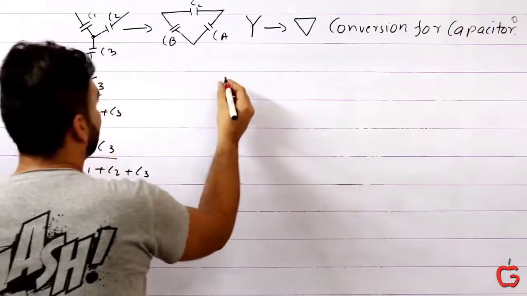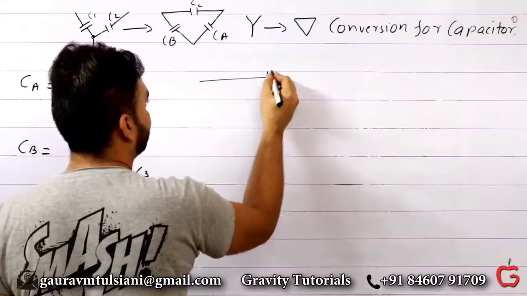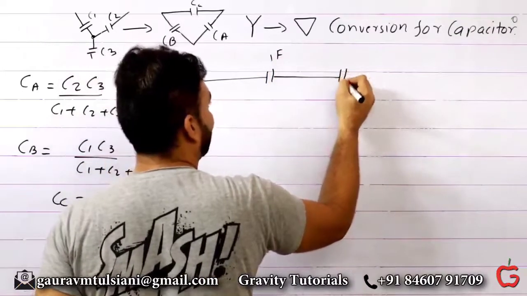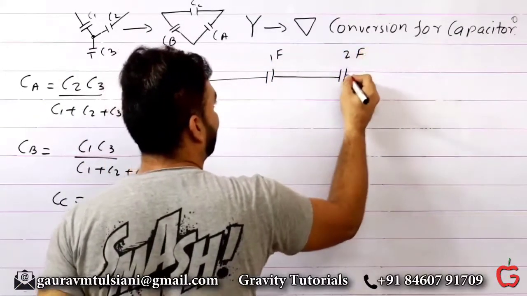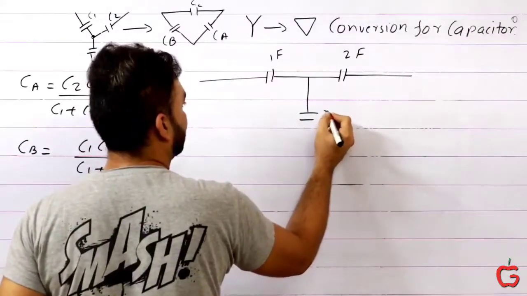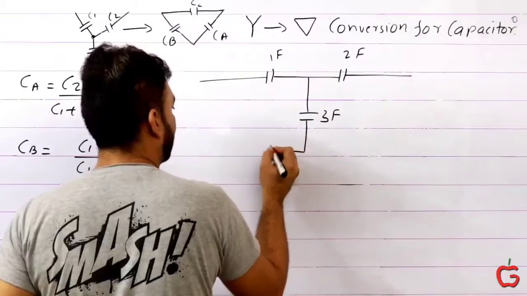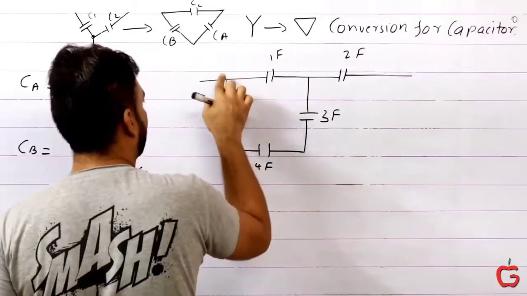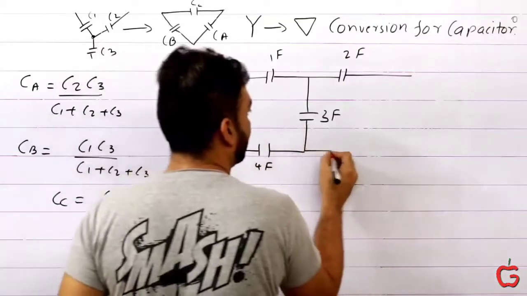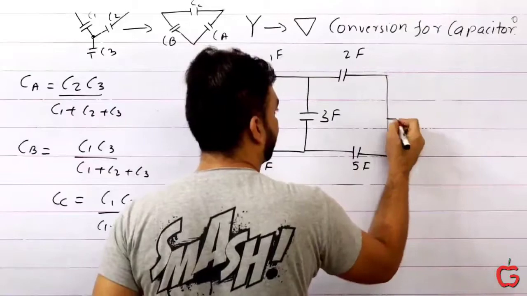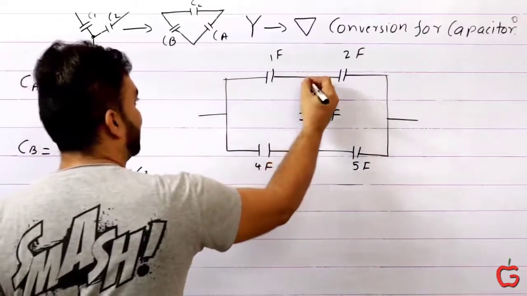So we take similar arrangement. So this is 1 farad or 1 microfarad capacitor. We'll take 1 farad, doesn't matter. Three farads, 4 farad, and 5 farad. Okay. So this is our junction.